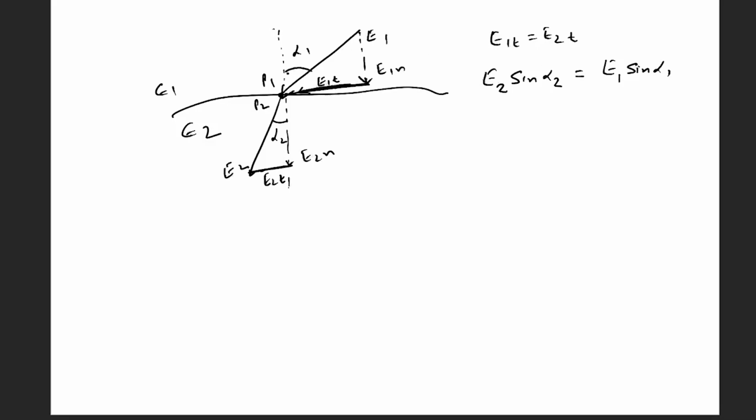If this is angle alpha 1, this angle will be 90 minus alpha 1. Similarly, if this is angle alpha 2, this will be 90 minus alpha 2. So if this is E2, this will be E2 sine alpha 2, and if this is E1, this will be E1 cos of 90 minus alpha 1, or E1 sine alpha 1. So E2t equal to E1t should give this value.